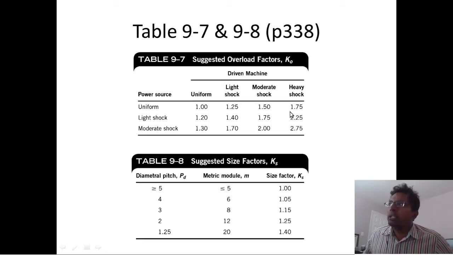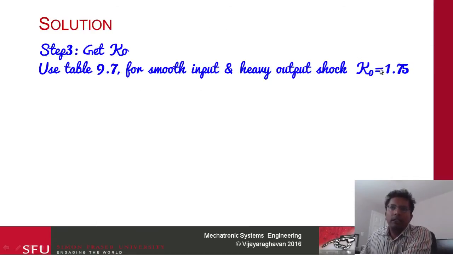That gives us a factor of 1.75. That's over here. Right, so we're going to use this back in our calculation. So KO is 1.75, and we can use this in our next step to calculate the trial pitch.